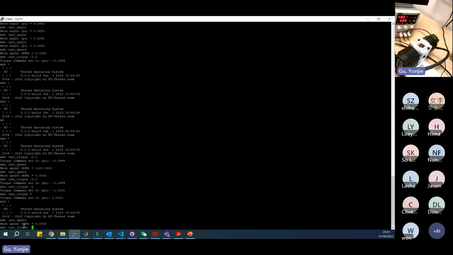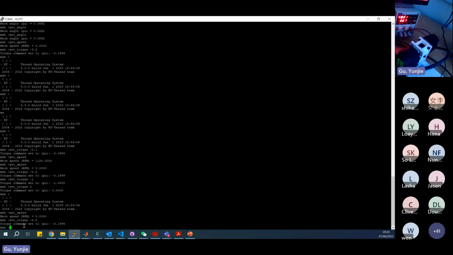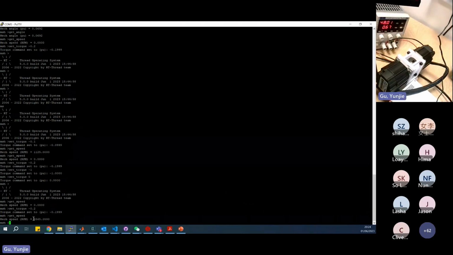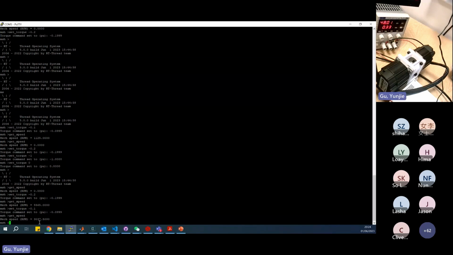So you set the torque to 0.2. You can see the light symbol, and maybe you can hear the sound, and you can see the motor is starting to spin. If I get the speed now, it's running. And we can reduce the torque and get the speed, and the speed is lower because the torque is lower.